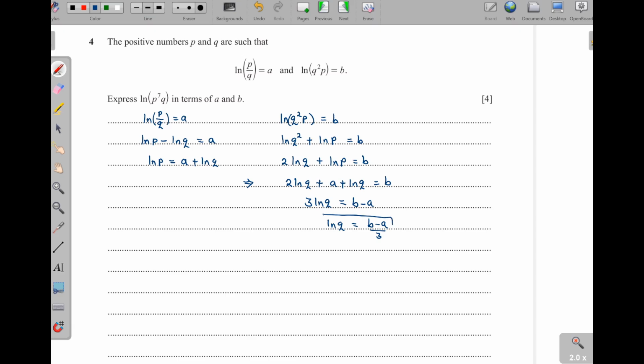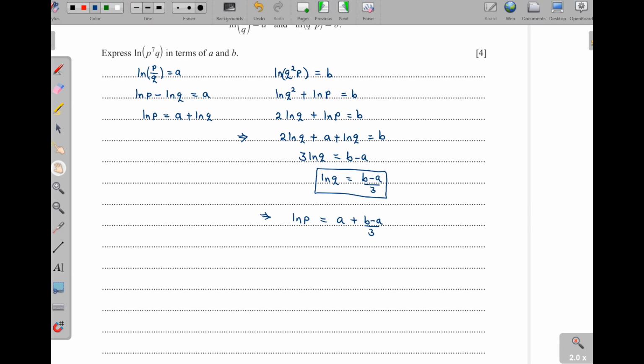I keep this one. What therefore is our natural log of p? Now substitute this one here. So we shall have a plus b minus a, no, it is minus a, then out of 3. Not so? Then multiply here.